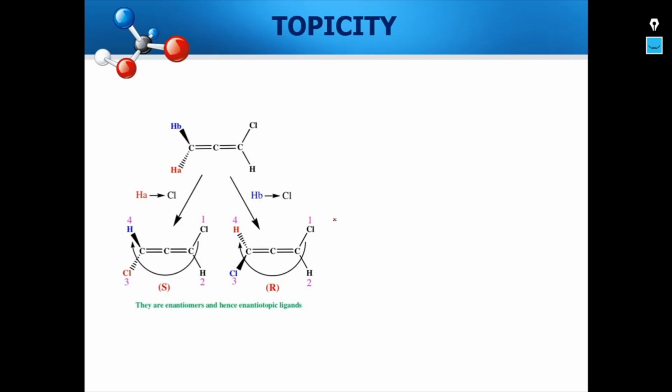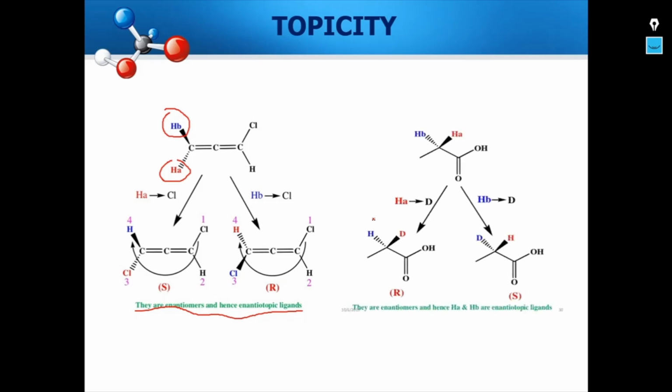Let us take another example where we have this allene, and any replacement of these two hydrogens will result in the formation of a pair of enantiomers, and therefore they are enantiotopic ligands.